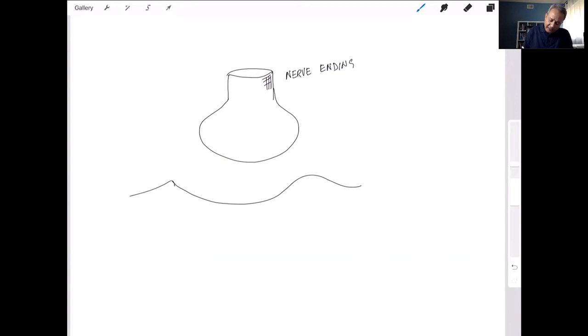Now we know that there are acetylcholine vesicles present in the presynaptic terminal, and there are calcium channels present.